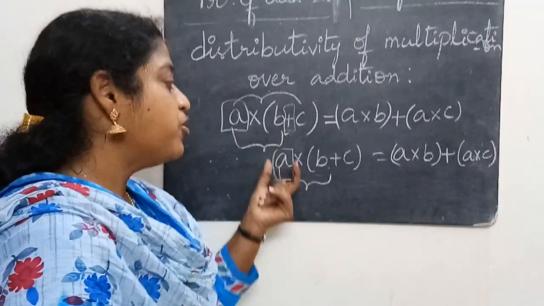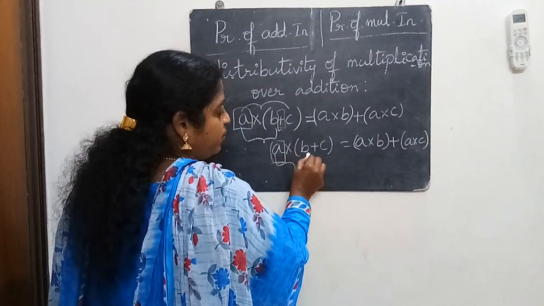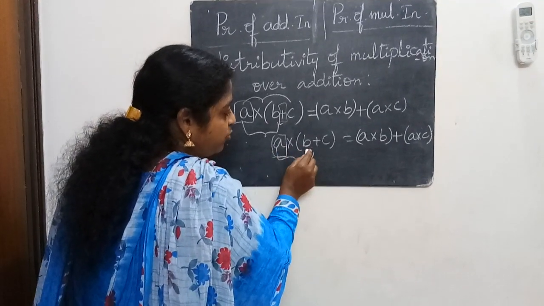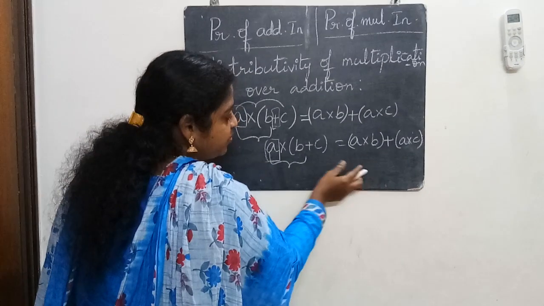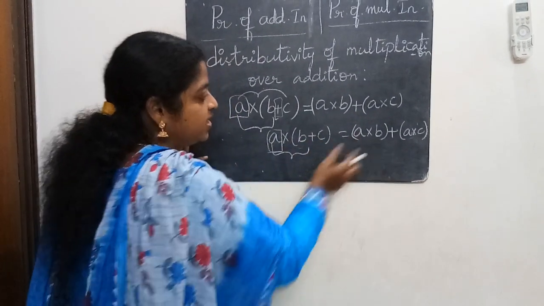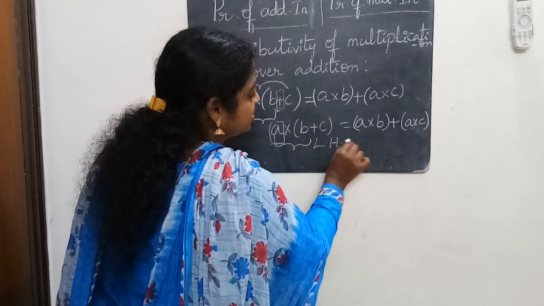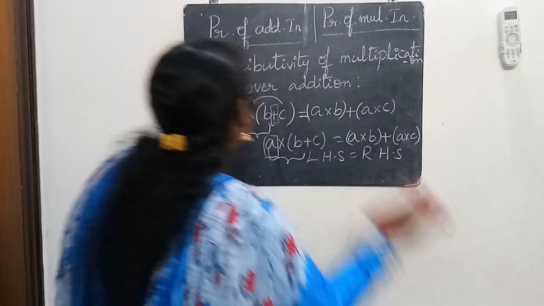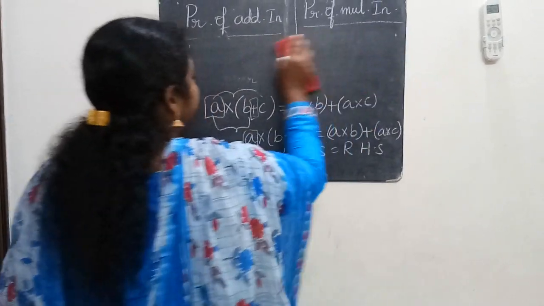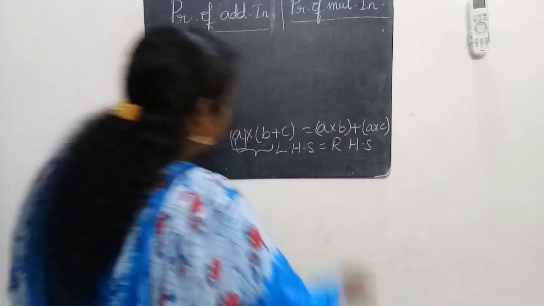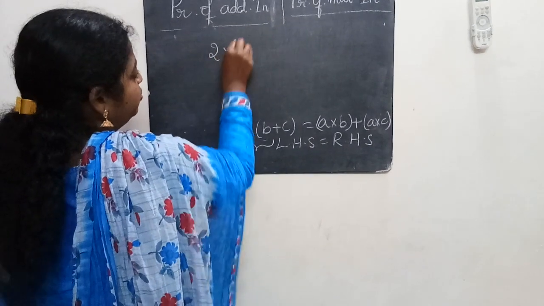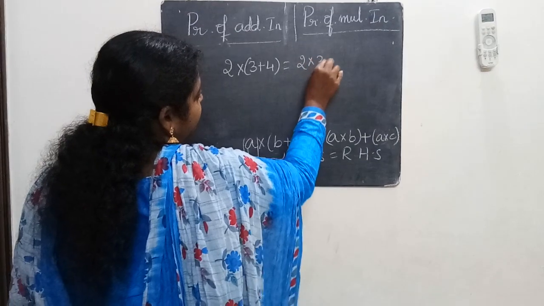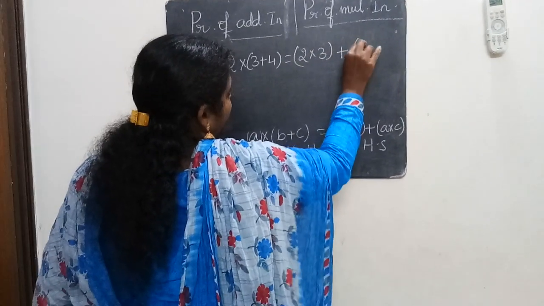In the distributive property, A into (B plus C), A is distributed equally: A into B plus A into C. So LHS will be equal to RHS. Shall we check once again? I'll take the numbers: 2 into (3 plus 4) and 2 into 3 plus 2 into 4.